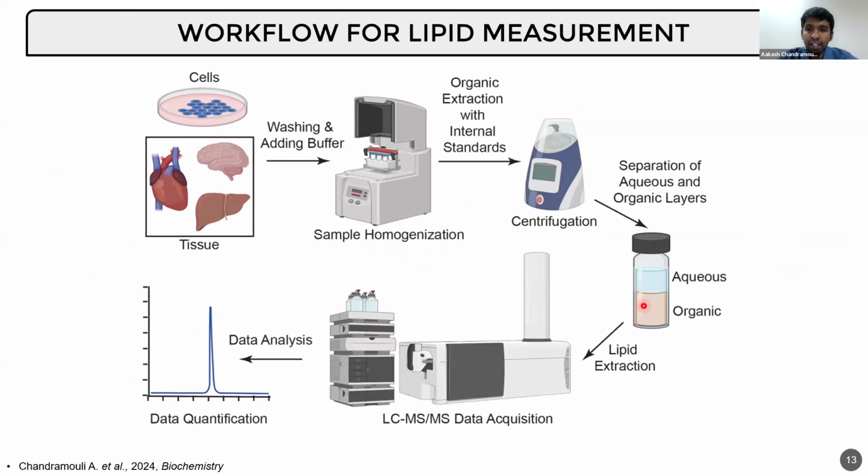Once extracted, the lipids were subjected to mass spectrometry using an untargeted approach in a Q-TOF mass spectrometer. After this, we analyzed the data, where the area under the curve for each of the different species was normalized to the internal standards as well as the protein content or the tissue weights of the respective sample.